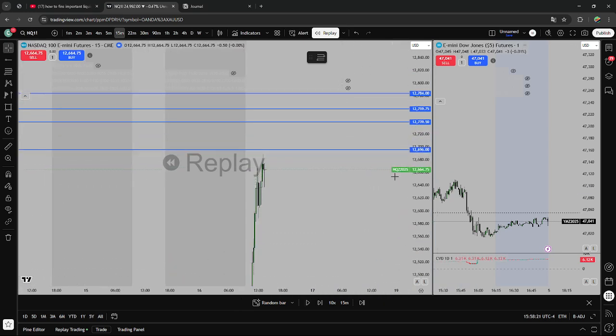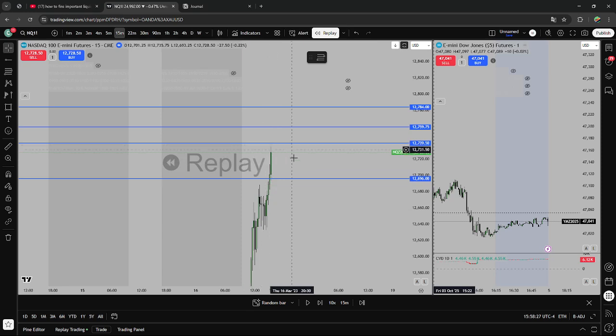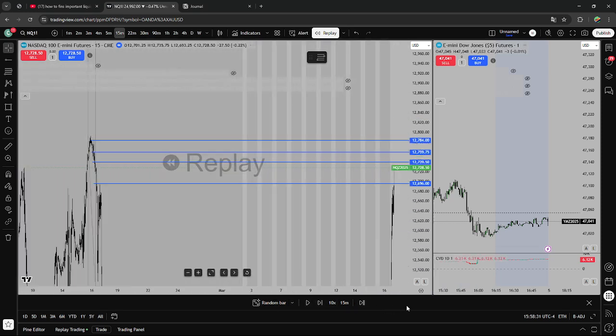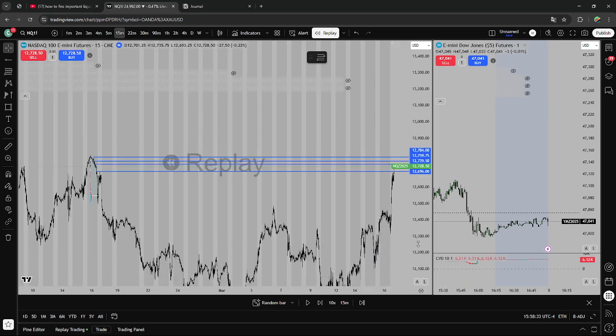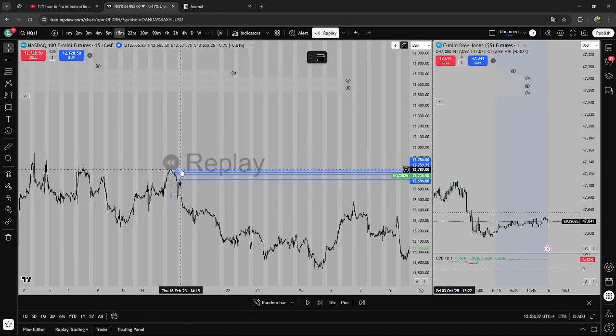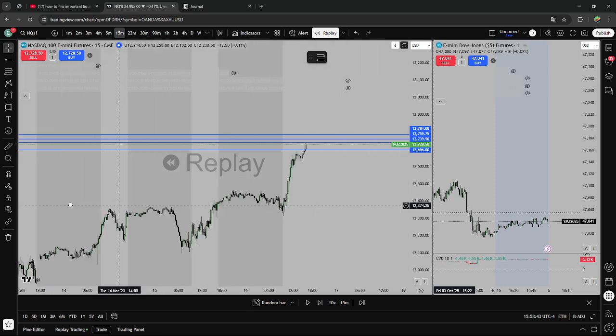Okay. So let's see. First line. And we want to look for a reaction in low time frames, obviously. And we also want to have a narrative. I mean, as you can see here, the narrative is probably to take these highs. But we still want to look for these lines if they're going to do anything.